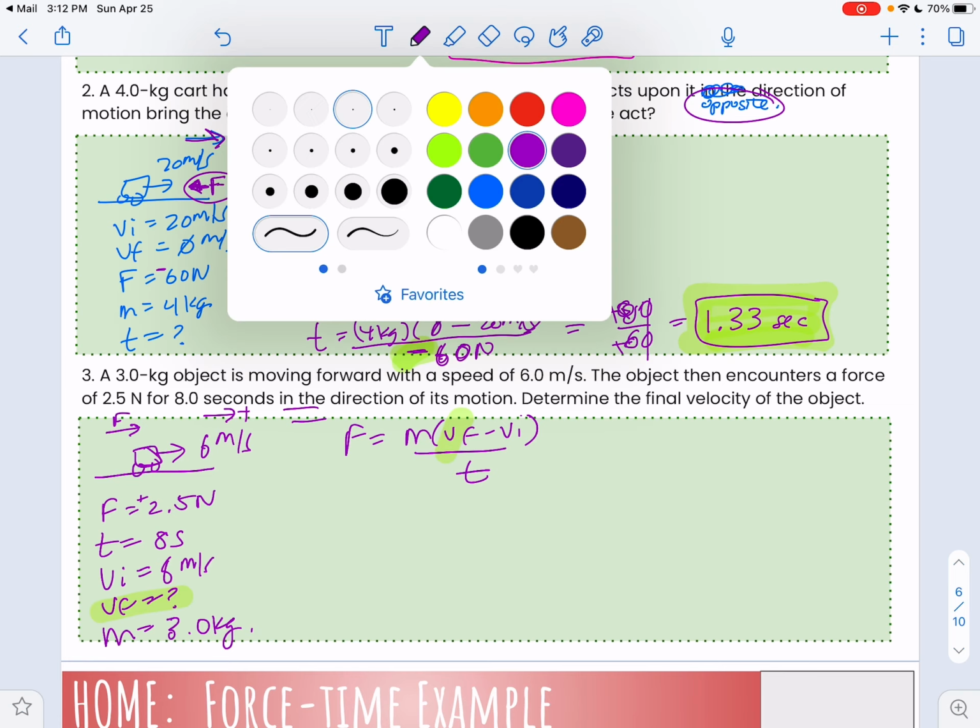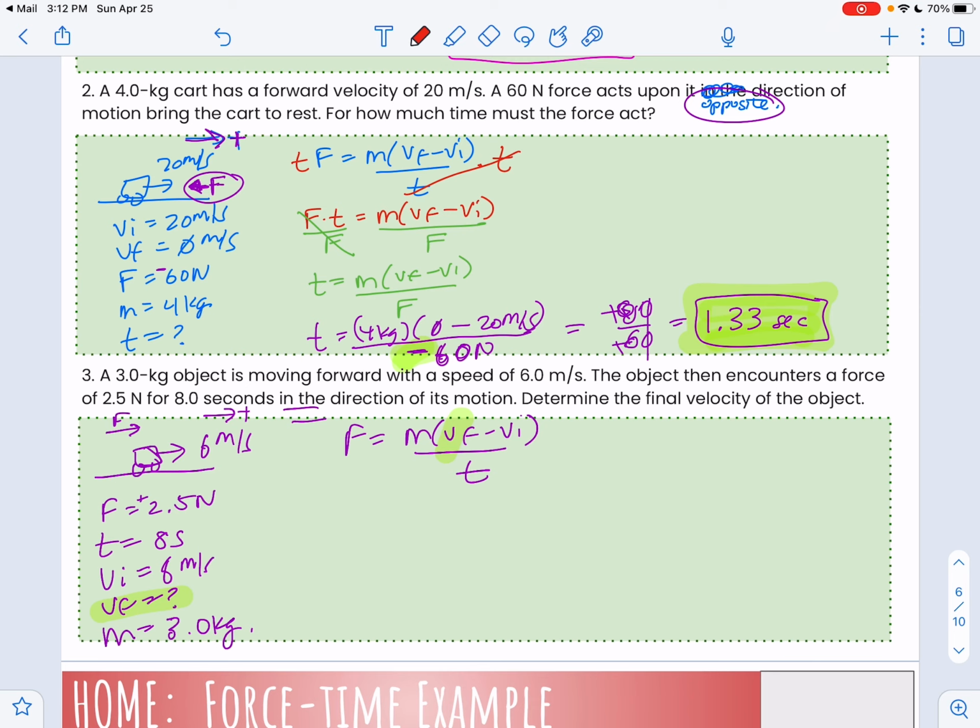You don't have to do this, but it's good practice. If you think you're going into more advanced science studies, it's better to isolate your variable before. So I'm going to have m times Vf minus Vi. The next thing I need to move is the mass, so I'm going to move the mass over here. Then I have F t over m equals Vf minus Vi.